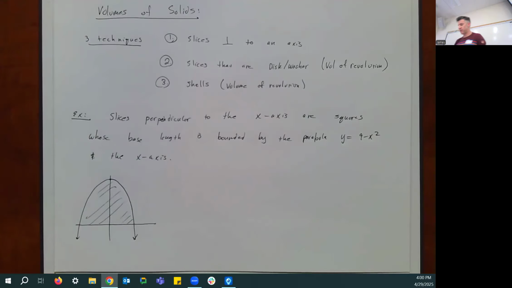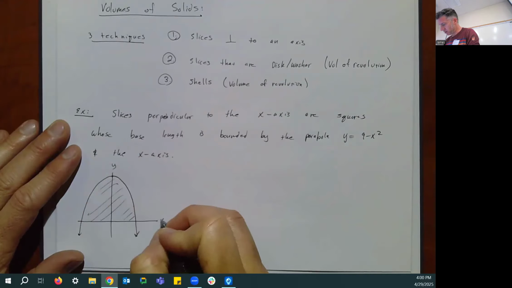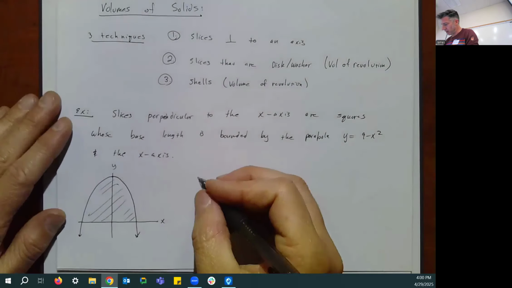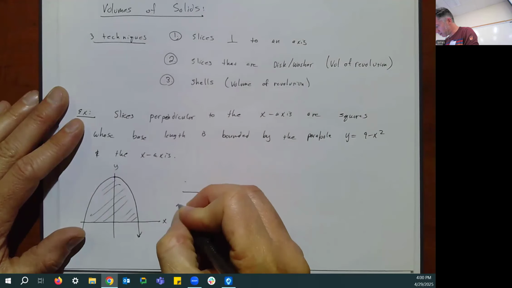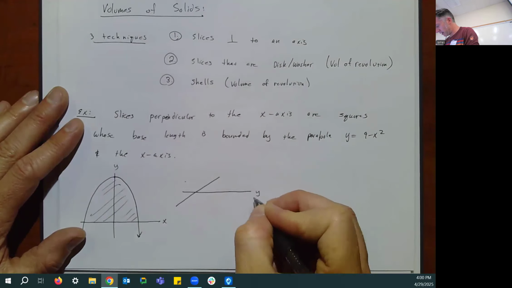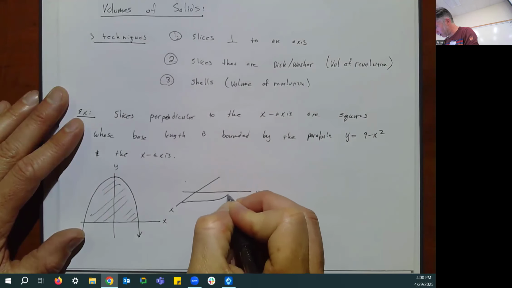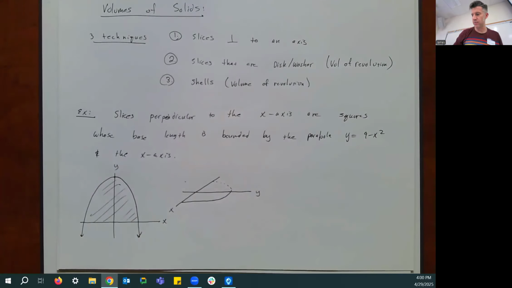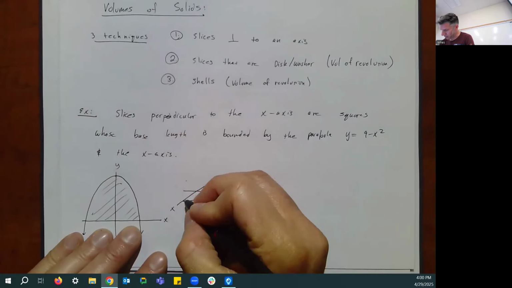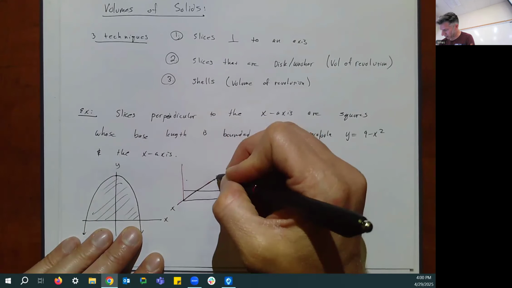So if I draw this in a more flat way, I'm actually going to totally rotate it and draw it so that my y-axis is here, my x-axis is here, and here's my parabola, like that. Here are the squares I'm talking about. So the biggest square has its base right there, and it's going to look like that.